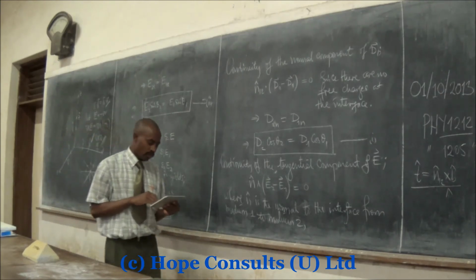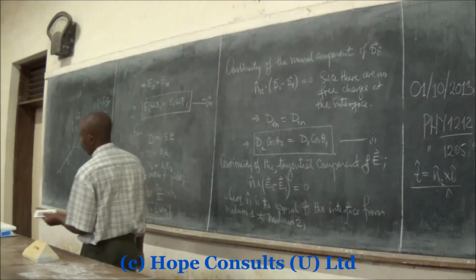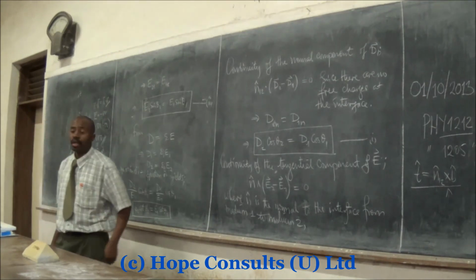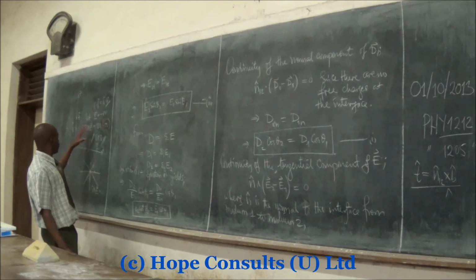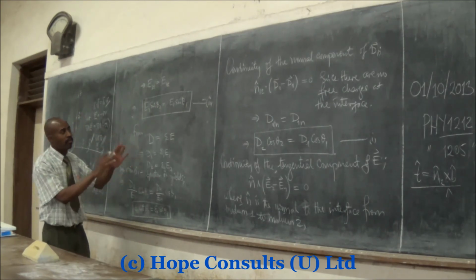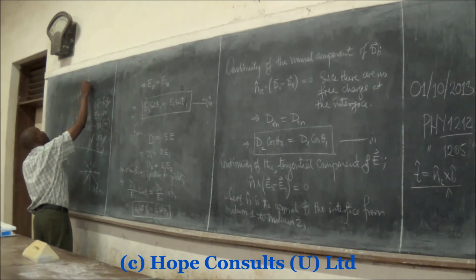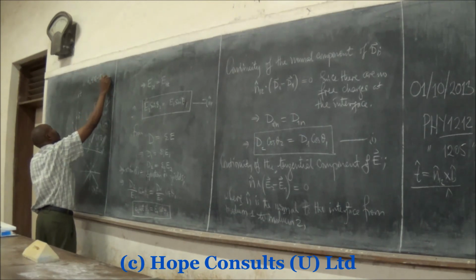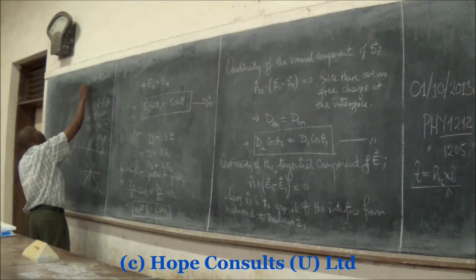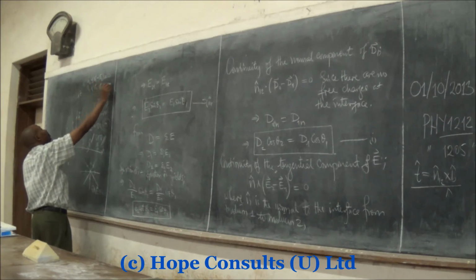And this would cover our part of boundary conditions. We now have two boundary conditions well suited. That is, when we are talking of perfect dielectrics, we have n12 dot (D2 minus D1) is equal to 0, and n12 cross (E2 minus E1) is equal to 0.